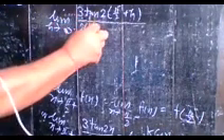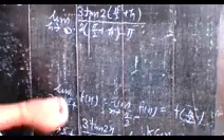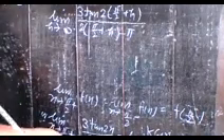In place of x, you put pi by 2 plus h. So 2 times pi by 2 plus h, whole divided by 2 into pi by 2 plus h minus pi. In this way, you put pi by 2 plus h in place of x.